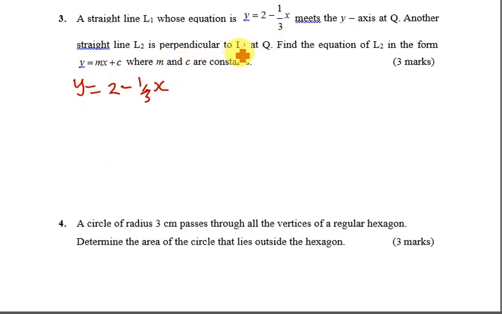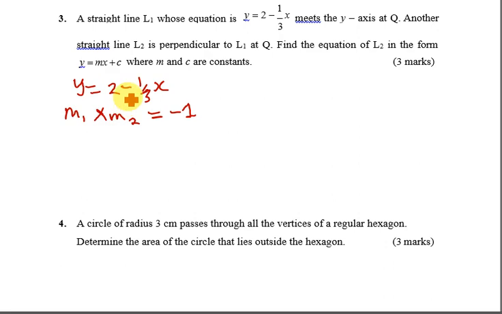So we are told that the two lines are perpendicular. What we know about perpendicular lines is that the gradient m1 multiplied by the gradient m2 is supposed to give us -1.